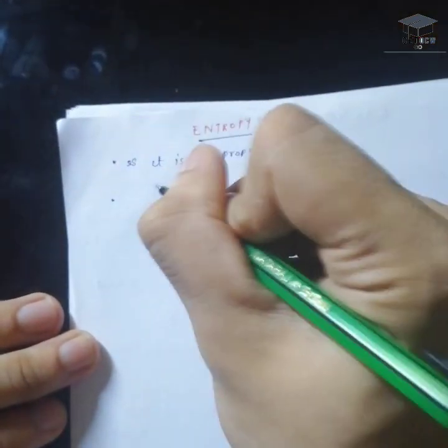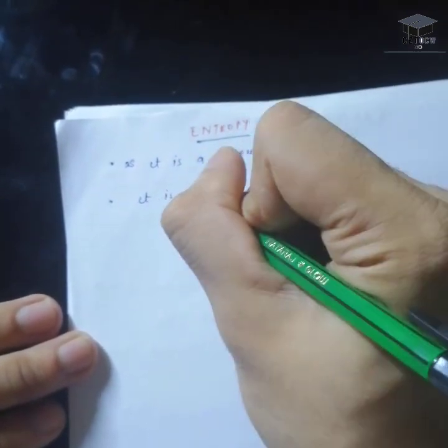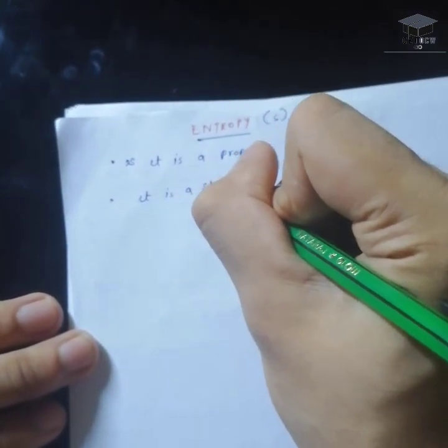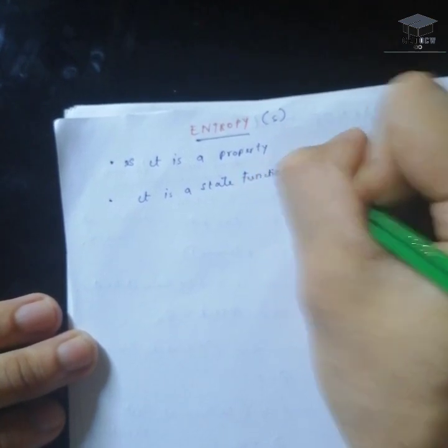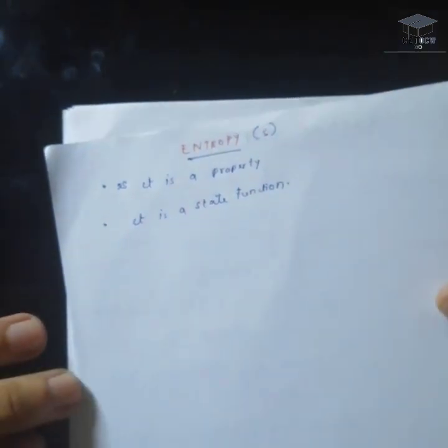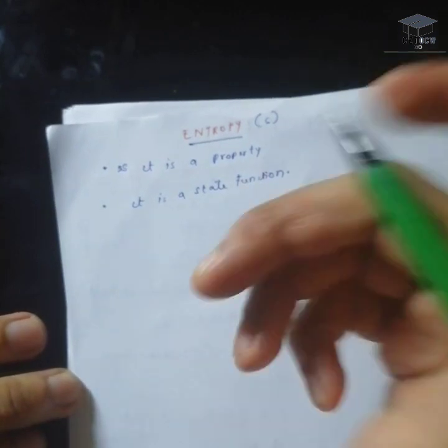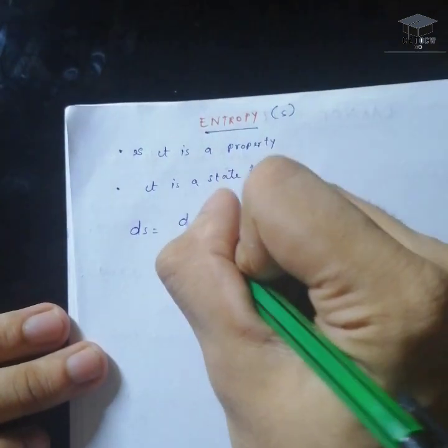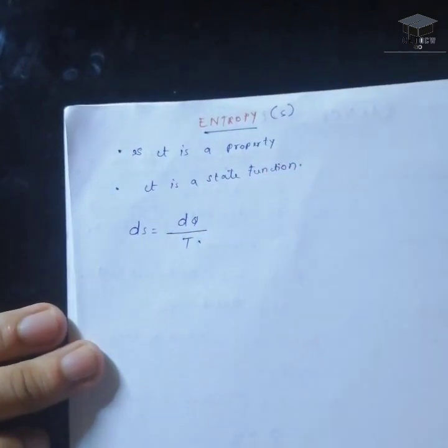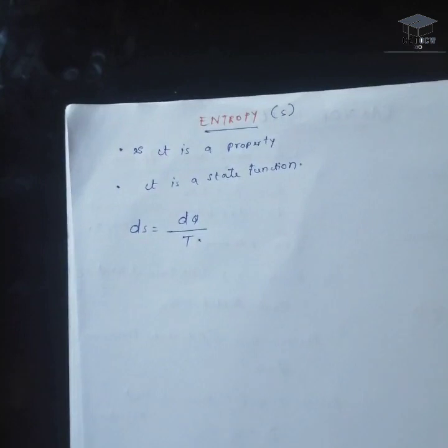It's a state function. So dS is given by dQ by T. This is the basic equation for entropy.